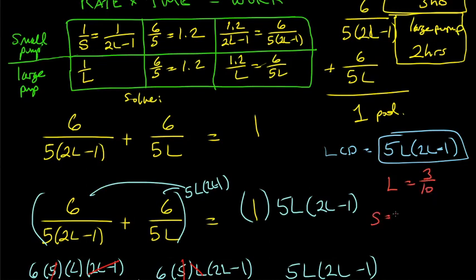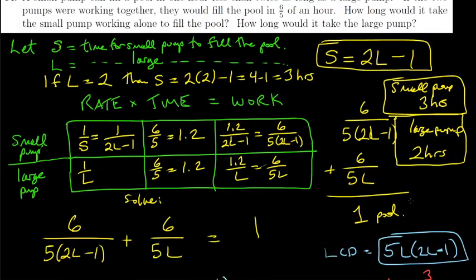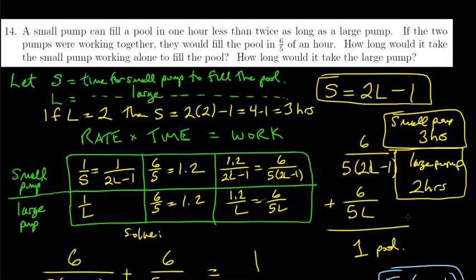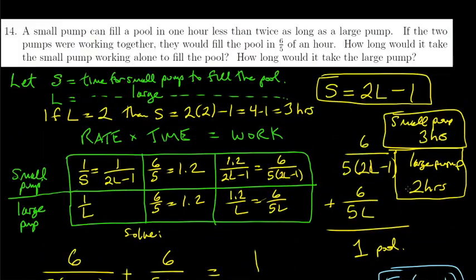S would be 2 times 3 over 10 minus 1. So 6 over 10 minus 10 over 10 would be negative 4 over 10. So it would take a negative amount of time for the small pump. That doesn't make any sense, right? Time is positive, not negative. You can't go backwards in time, right?